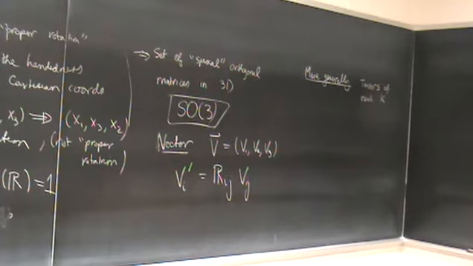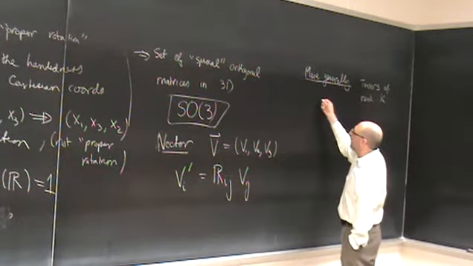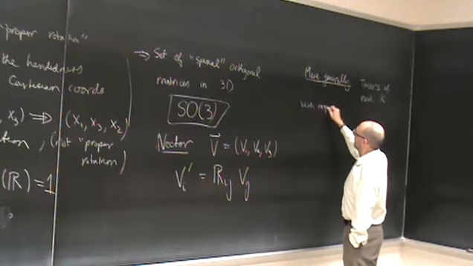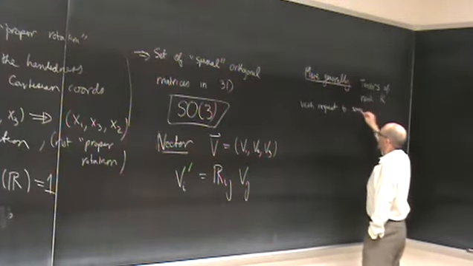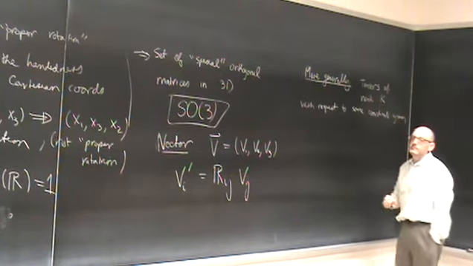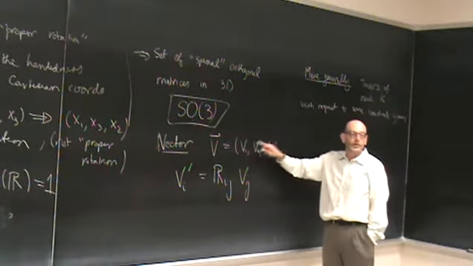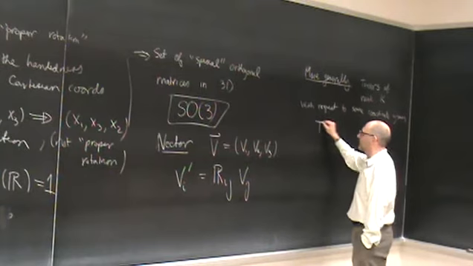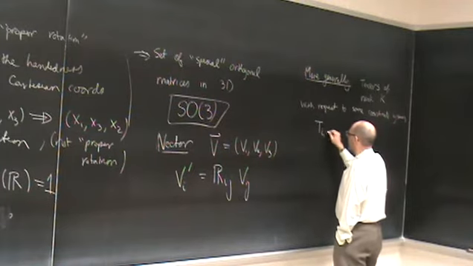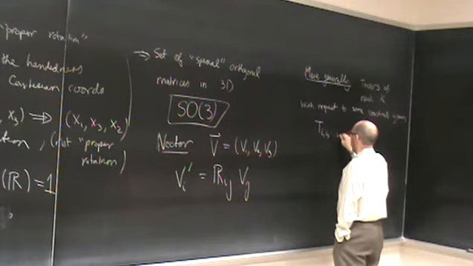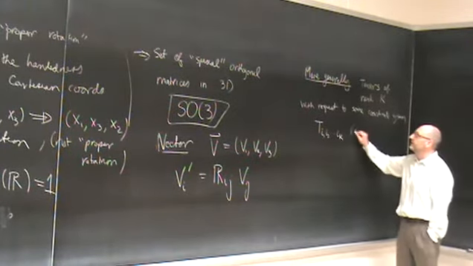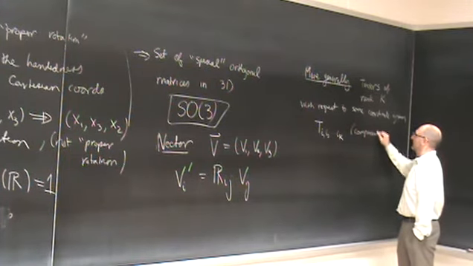So a tensor of rank K is some object which, with respect to some coordinate system, in the same way that we have the coordinates of the vector, we can have coordinates of the tensor. Okay? So if it's rank K, it has K indices: 1, 2, 3, 4, up to K. So these are the components of the tensor.